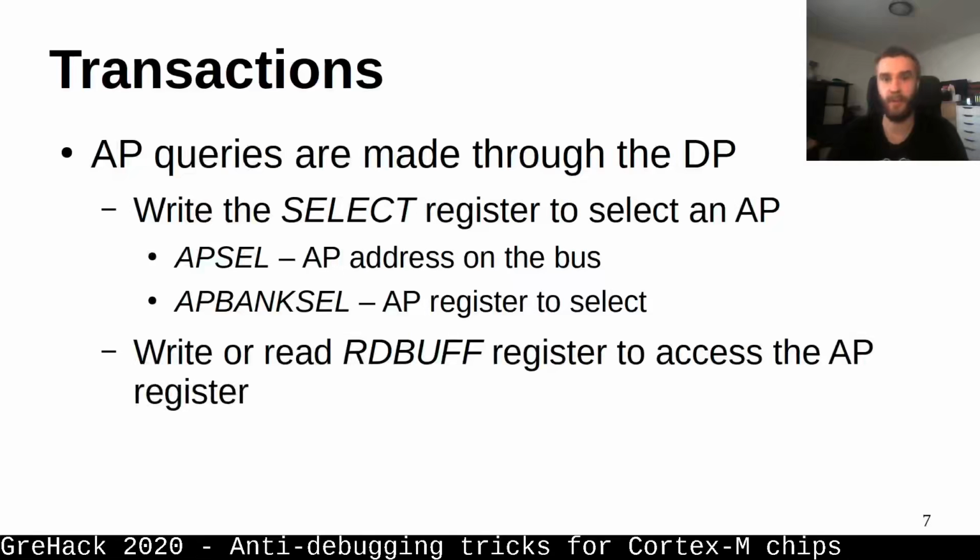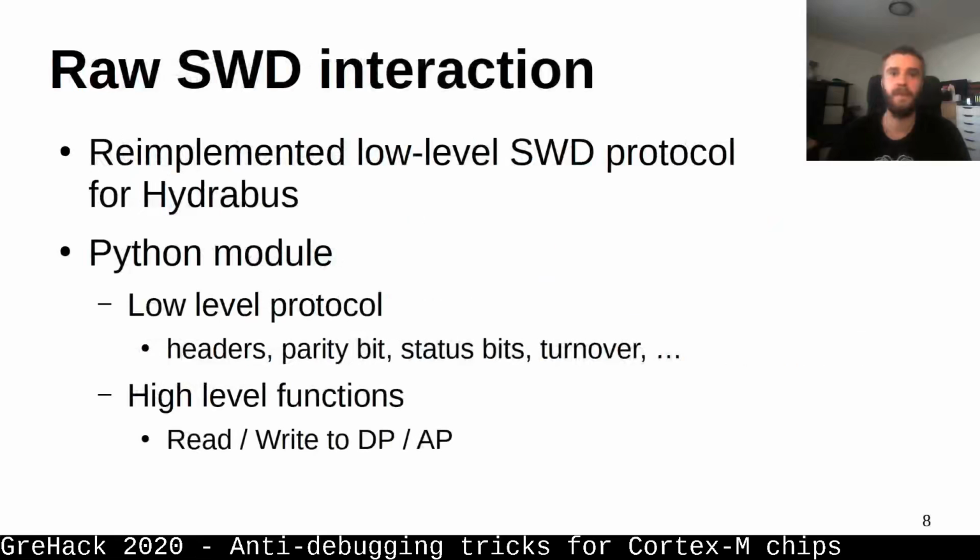Since that protocol was a bit hard to understand, I recreated it from scratch using Python, and I used HydraBus as the target interface. This way, I was able to first create low-level functions like writing on the bus, reading on the bus, bit per bit, reading status bytes, and knowing when to read or write data.